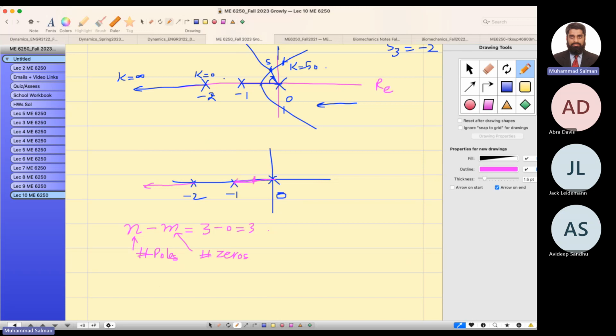The way you will do that, there is a formula here. Let me show you the formula. Yes, this one.